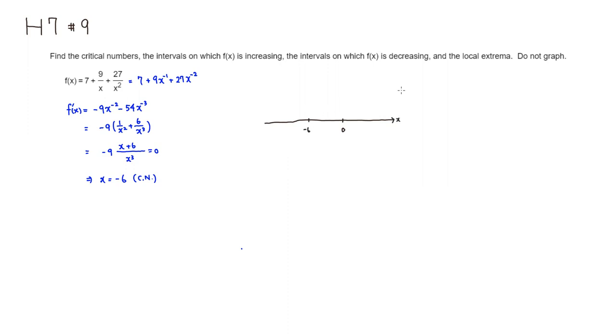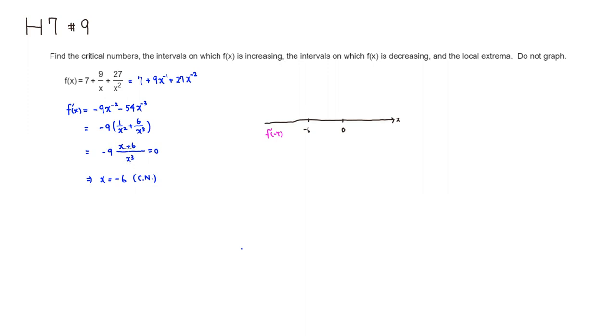We can try any number less than negative 6, so f prime of negative 7 or something like that. If you plug in negative 7, the numerator is going to be negative here, but multiplied by the negative 9 that makes it positive. But negative 7 cubed is going to be negative.